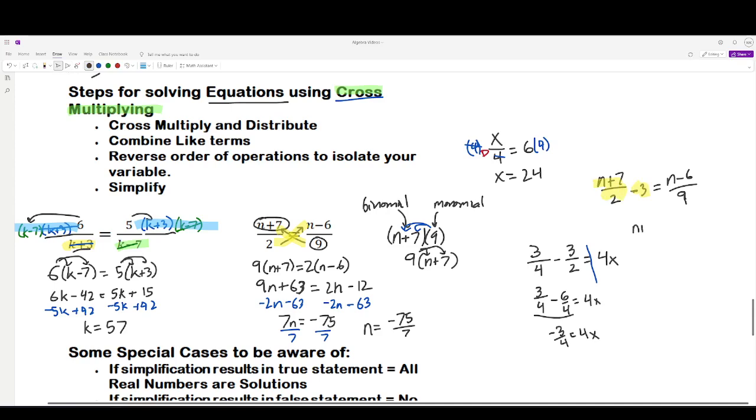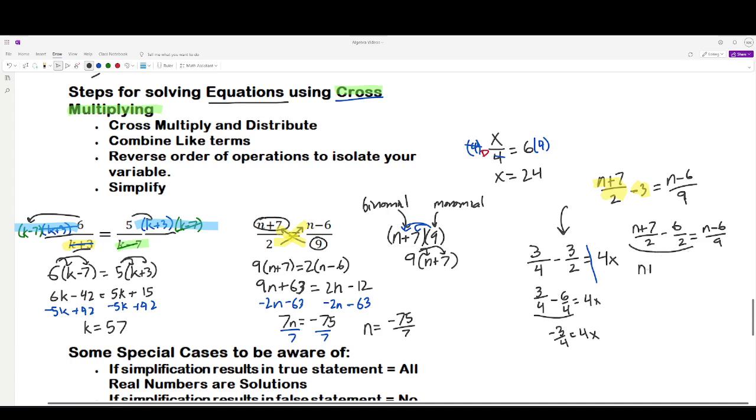To do that, we would do n plus 7 over 2 minus, and just like we did in this example, we would convert this 3 into a number of halves as well and make it 6 halves and put that equal to n minus 6 over 9. Then we would combine these like terms. They're both over 2.